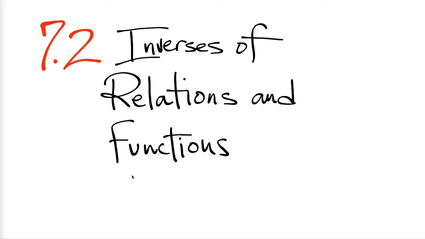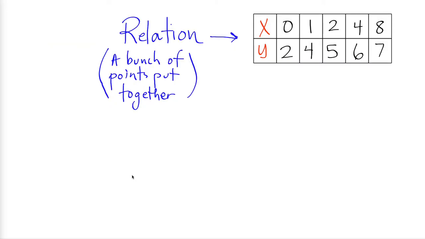So we should start with, if you guys even remember what the difference is between a relation and a function. A relation is just a bunch of points that go together. There generally is something that relates the two pieces of data together, like one might be age and height.